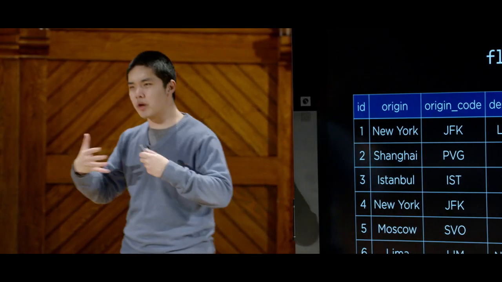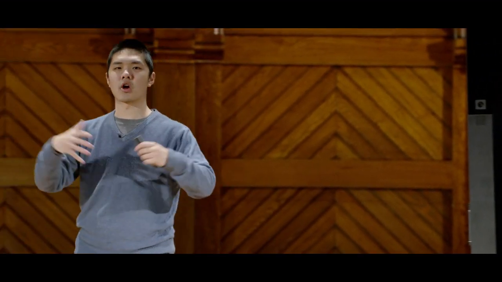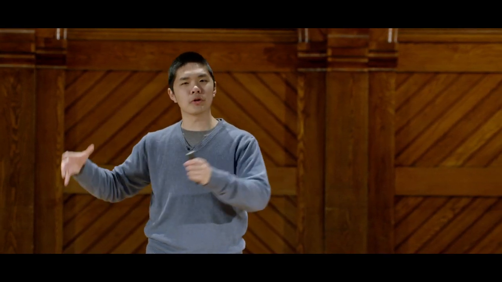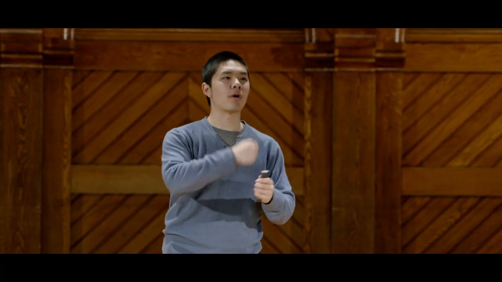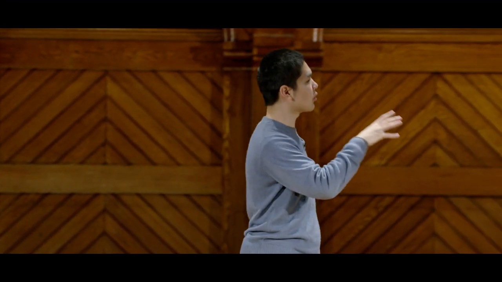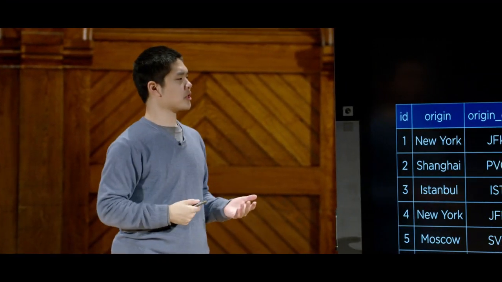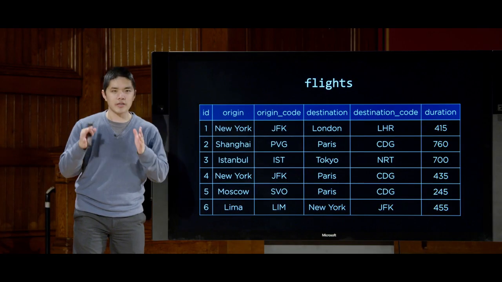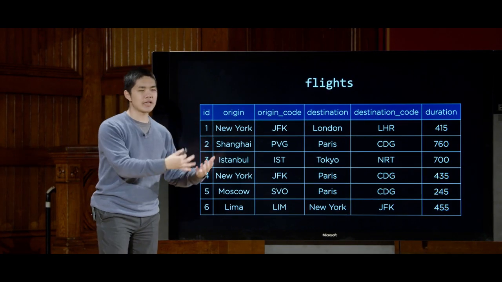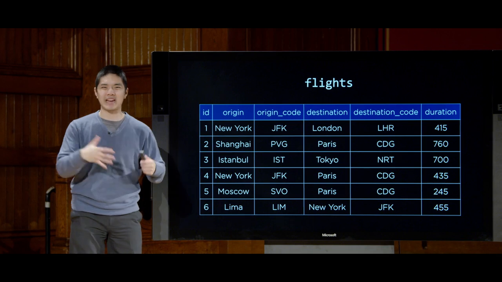And so often as we begin to deal with data in larger and larger sets with more and more columns, we'll want to normalize this data, separating things out into multiple different tables that just reference one another in some way. So instead of just having a single flights table, what we might consider doing is saying that flights are one type of object, but another type of object that I care about is an airport.